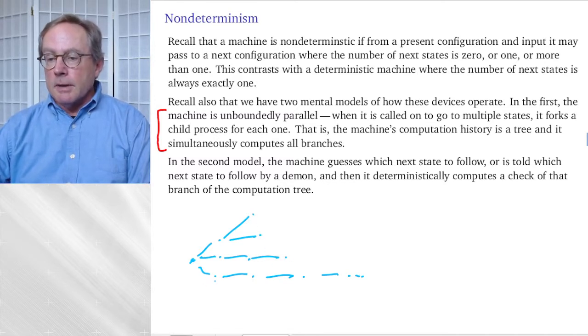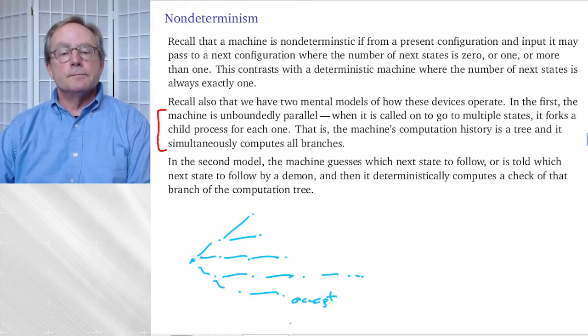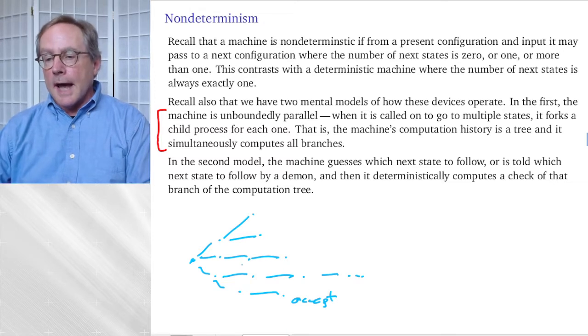Maybe down here there's another branch that after some fiddling around will accept the input sigma. So we're looking at a sort of a computation history here.